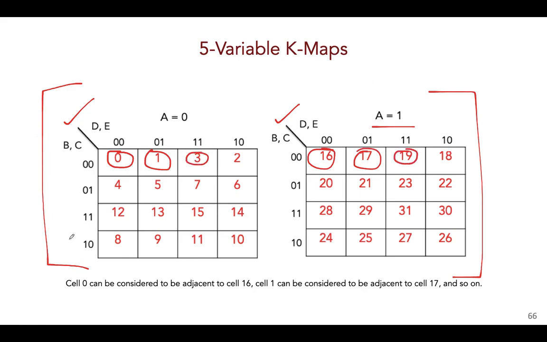So this on the whole forms one single 5 variable K-map, and aside from the normal adjacency, this is a whole adjacent group, an entire adjacent group. Aside from this, there is adjacency across these 2 4 variable K-maps. So 0 is adjacent to 16, 1 is adjacent to 17, and so on.